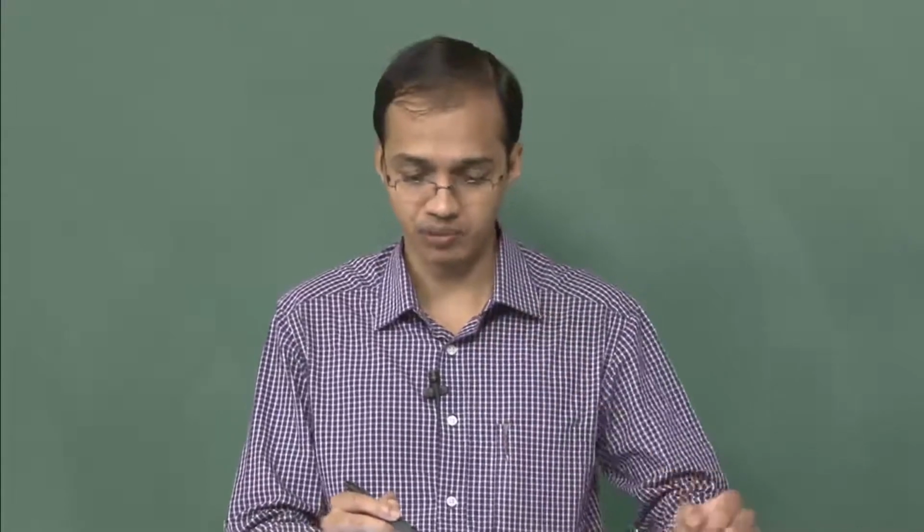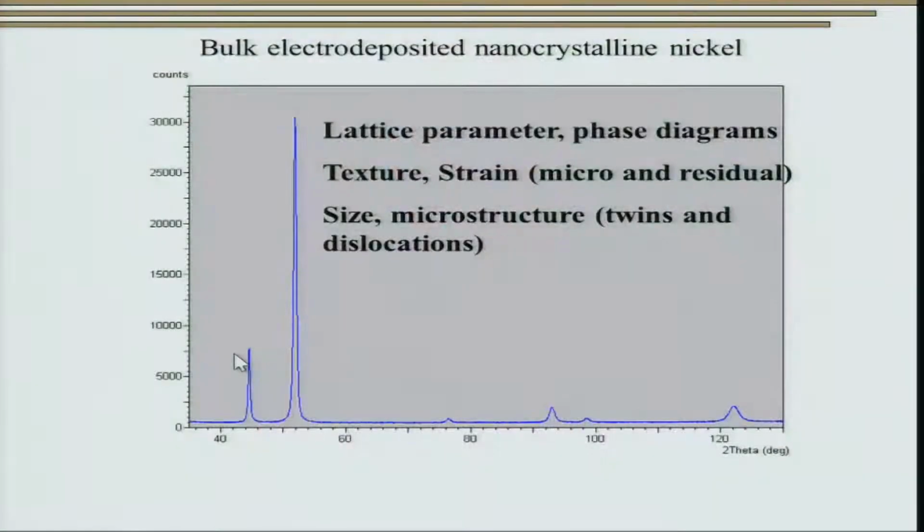Therefore, we do get diffraction at not just the Bragg angle, but at an angle slightly away from the Bragg angle. This essentially is due to the mosaic structure of the crystals. In this particular case, this is essentially due to the nanocrystalline structure of the nickel sample under consideration.